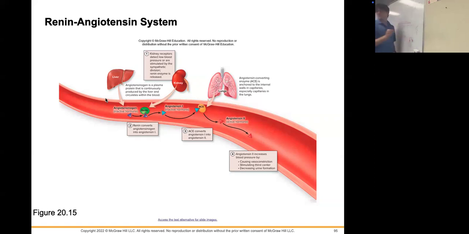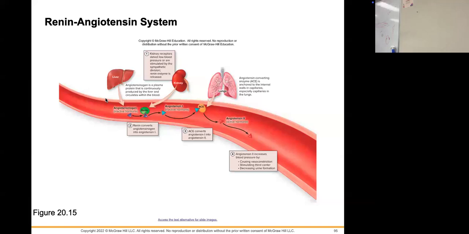So if it is angiotensinogen, that means what are we making? We are making angiotensin. This is the precursor molecule to angiotensin.